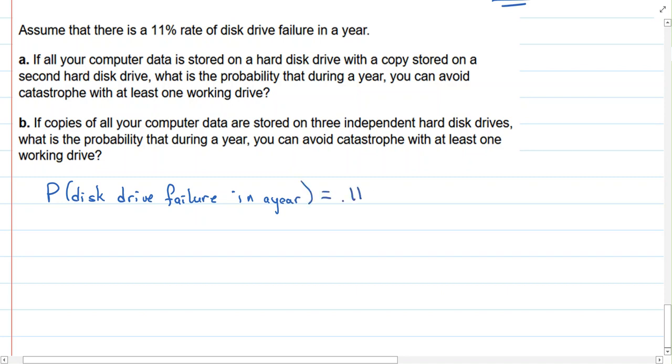So that's our probability. So we're going to do the A. If all your computer data is stored on a hard disk drive with a copy stored on a second hard disk drive, what is the probability that during the year you can avoid catastrophe with at least one working?